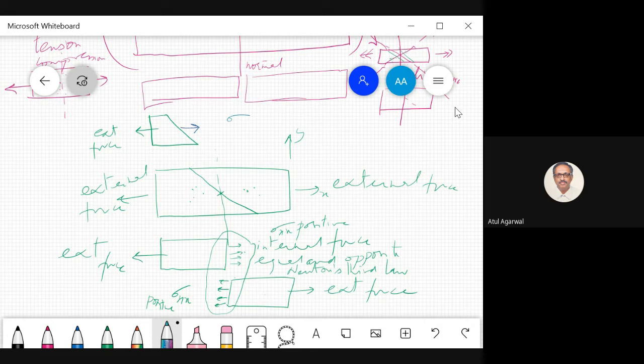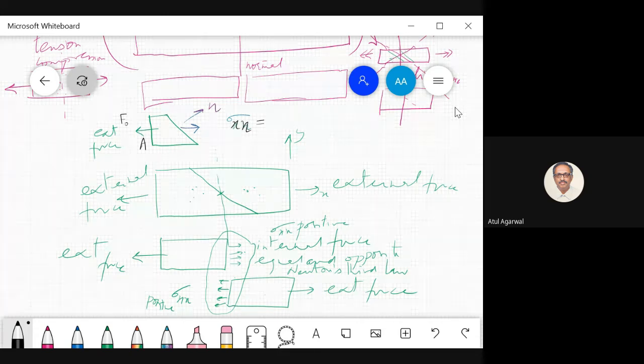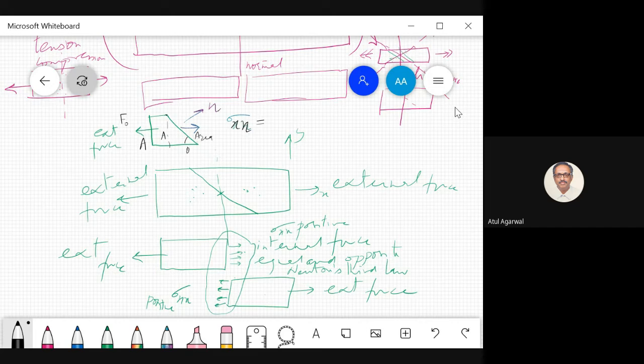So what can you tell about the stresses here? You can say this is sigma x normal. Suppose this is a normal vector. What will be sigma xn? This is the external force, suppose F naught. This area is A. This angle is theta. So what will be this area? A sec theta, sir.